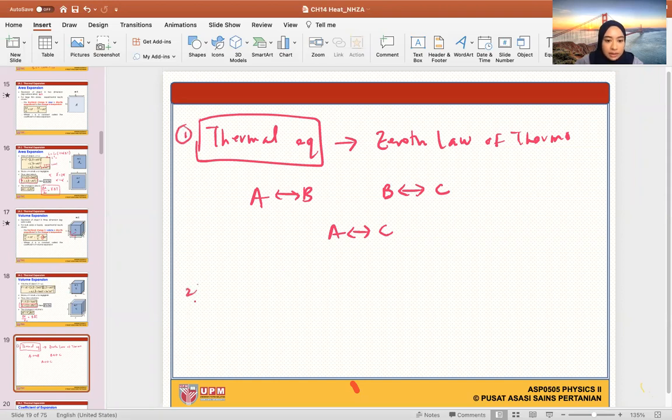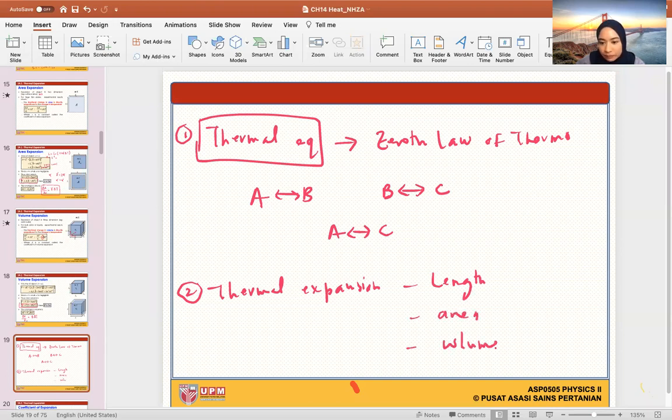And then second is thermal expansion. We have length, we have area, we have volume. For length, we learned delta L over L naught equals alpha delta T. This one is pretty easy.